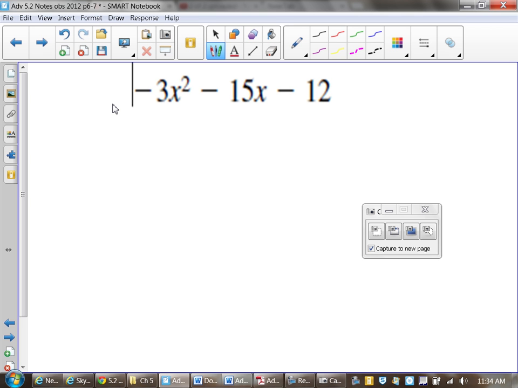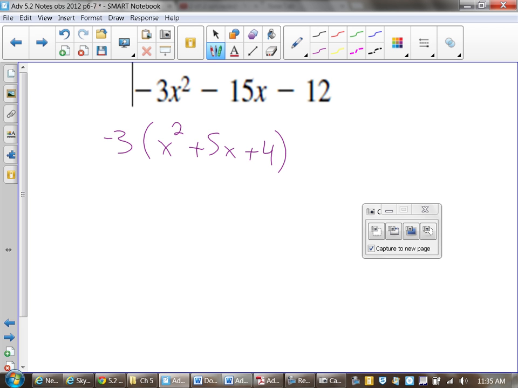Whenever I have the first term negative, I'm going to factor out the negative. In this case, I can factor out a negative 3. The GCF for all of these winds up being negative 3. So if I take out a negative 3, I'm left with x squared plus 5x plus 4.